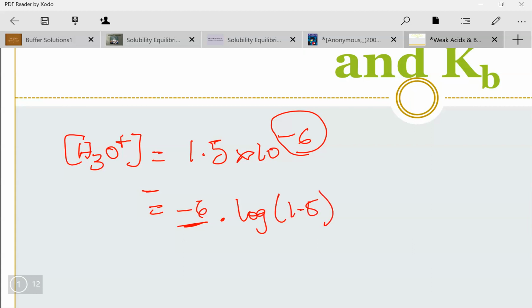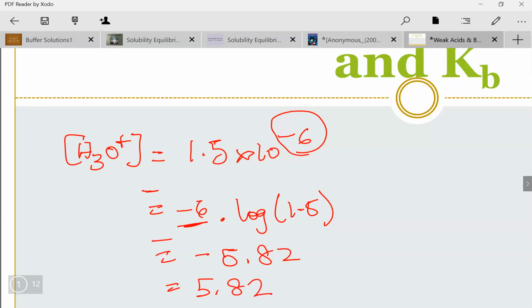So if you take the negative log of 1.5 times 10 to the power of negative 6, you will get 5.8, because you take negative 6 and then you're adding some positive small number. So you get negative of negative 5.82, which is positive 5.82. Right, so that's how the logs are done.